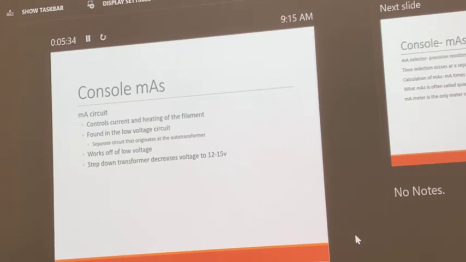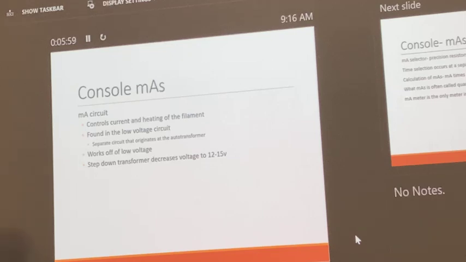So everything past the step-up transformer is high voltage section. Everything up to the step-up transformer is going to be our low voltage section, and then our filament section is going to be a separate section, really. So our mA circuit controls the current and the heating of the filament.